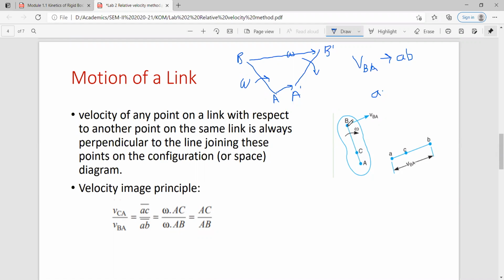So it is not possible at all that point B will move towards point A. The distance between them will never change. The movement of point B along the line joining A and B is not possible. The distance will always remain the same because both points are on the same link.